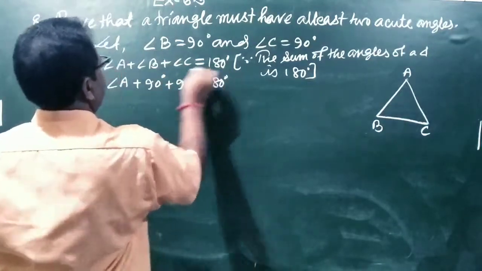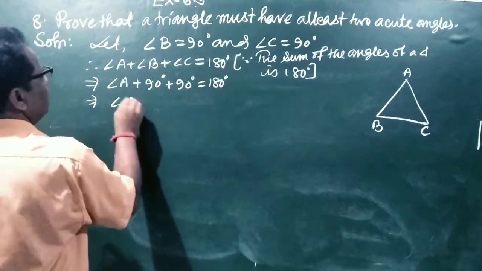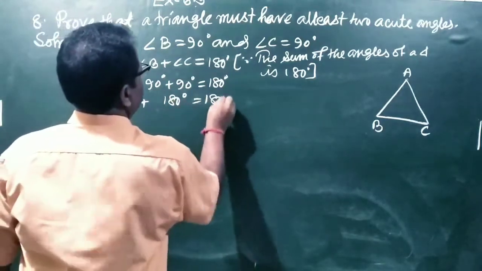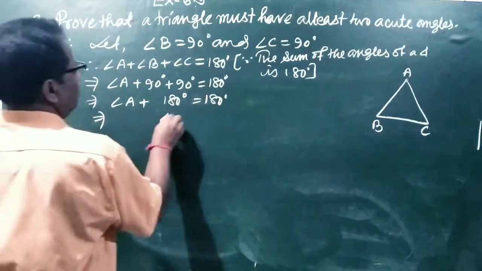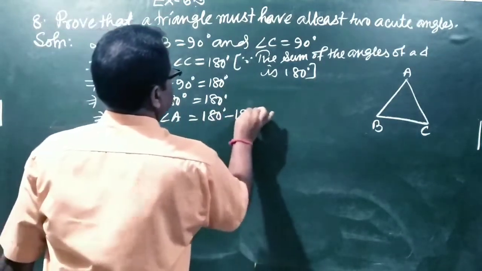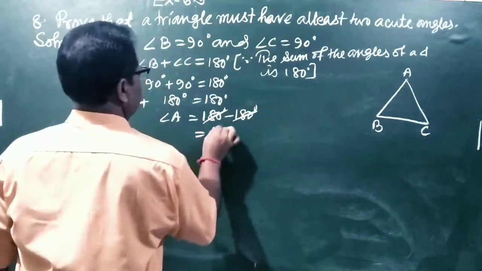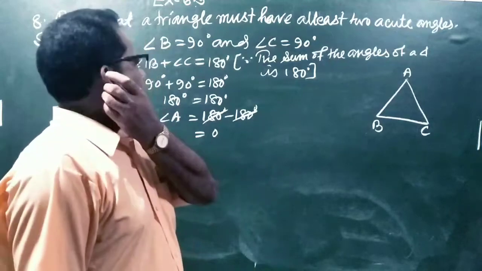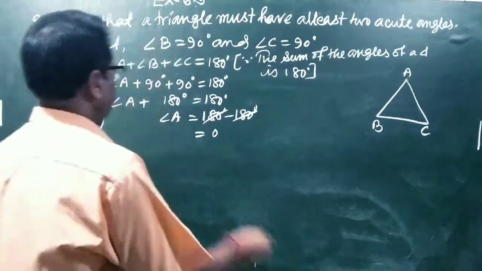So in this case 90 plus 90 is 180 degrees. Therefore, the value of angle A is 180 minus 180, so this is 0. If angle A is 0, the third angle is not there, then it cannot form a triangle.